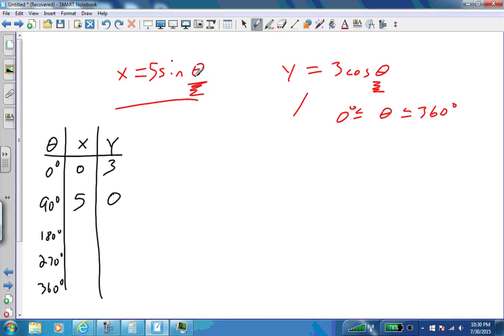Sine at 180 is 0. Cosine at 180 is negative 1, so 3 times negative 1. At 270, sine is negative 1. Negative 1 times 5 is negative 5. Cosine at 270 is 0. Back to 360, sine is 0. Cosine is 1. So we get points.